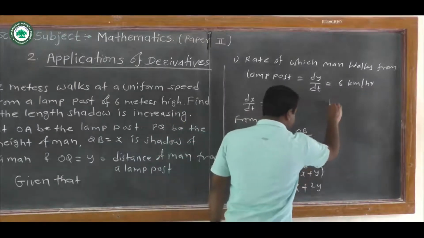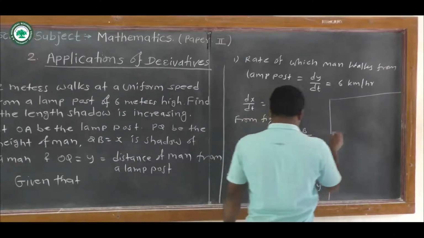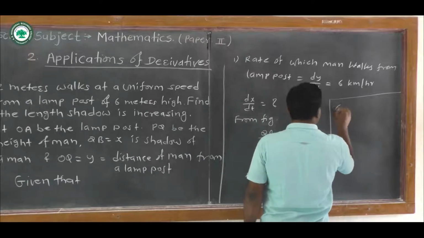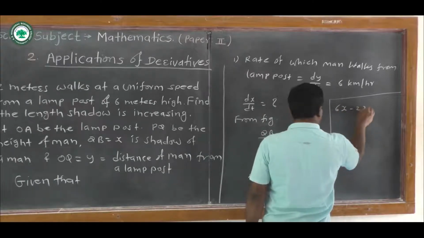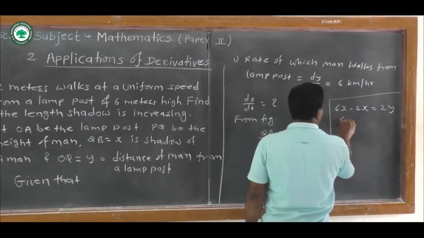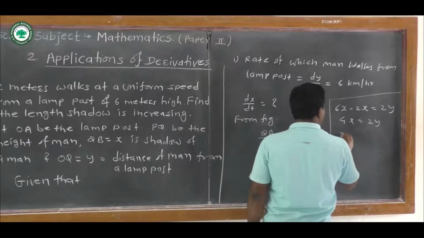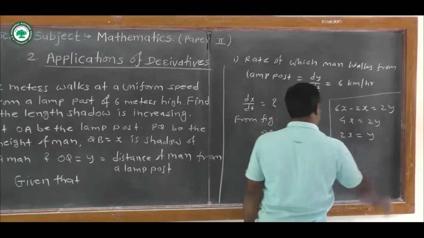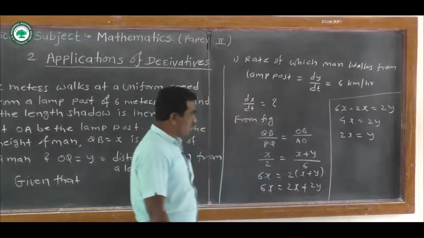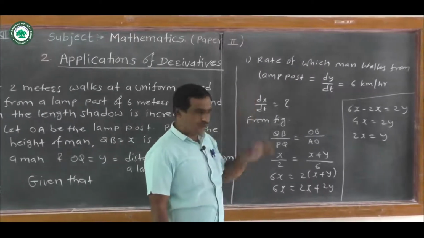We can write here 6x minus 2x is equal to 2y, that is 4x equal to 2y, that is 2x is equal to y. Now differentiate this equation with respect to t, because here x and y are functions of t.